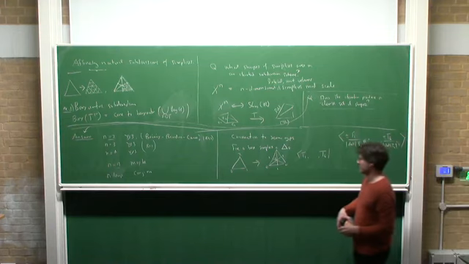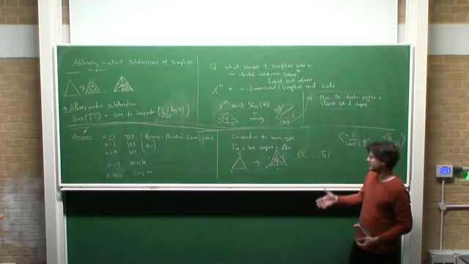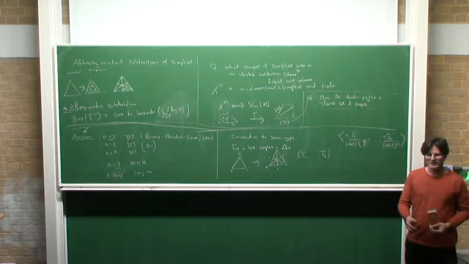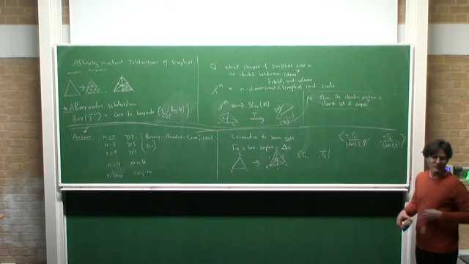Some of these would be orientation reversing. So this gives you n dimensions with 1 over n.